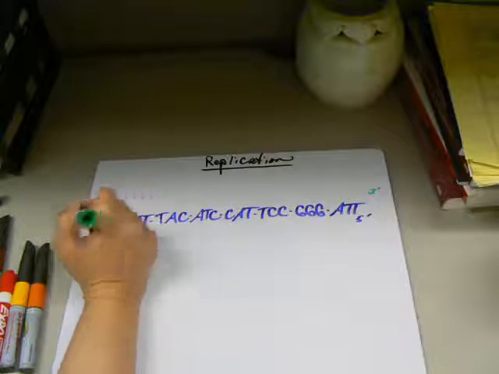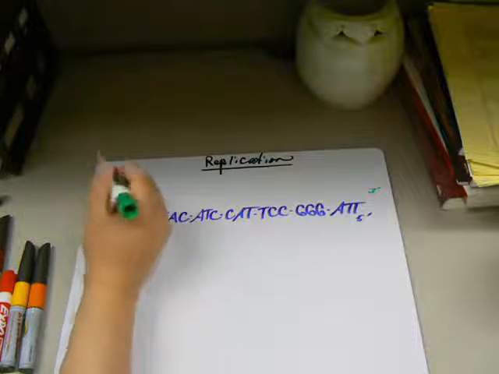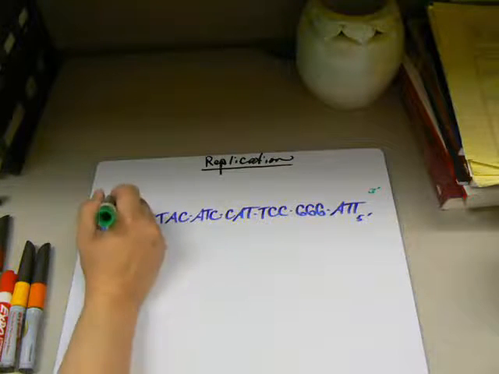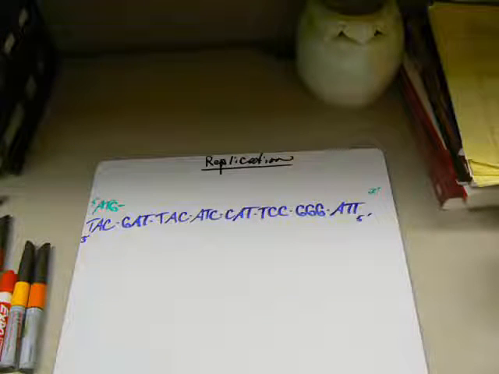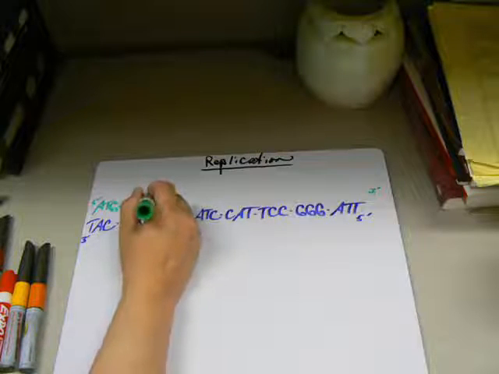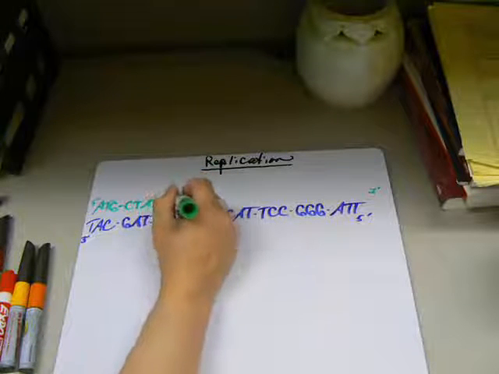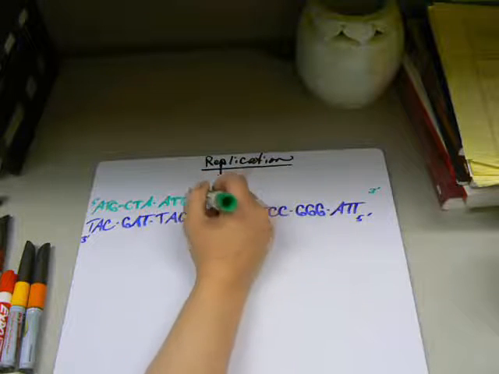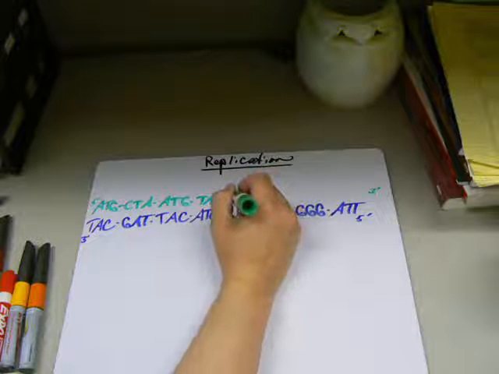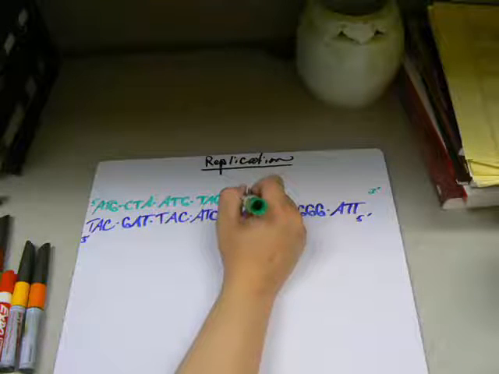And what goes with T? A. And what goes with A? T. And what goes with C? G. So I'm going to go ahead and fill all of this in. And please excuse my handwriting.